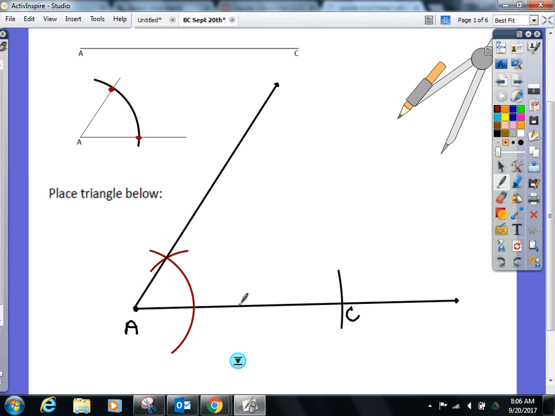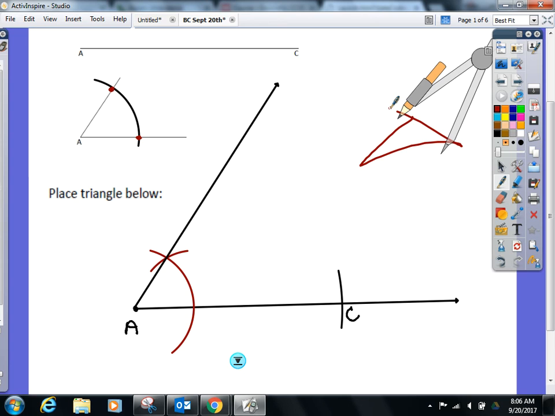Frank? From here? So you want me to go here to here? Hey, guys, look, I have side AC. I have angle A. I am trying to make a triangle. Where do you think this is going to go to finish the triangle? Please help, James.